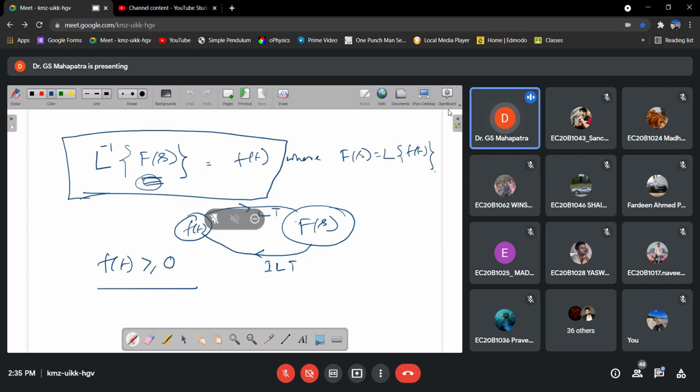That's why t is greater than or equal to 0. Now, if you consider the inverse Laplace transform, you don't know the domain of f of t, though you can find f of t. So I'm not giving any definition of the inverse Laplace transform; you need not write any definition of it.